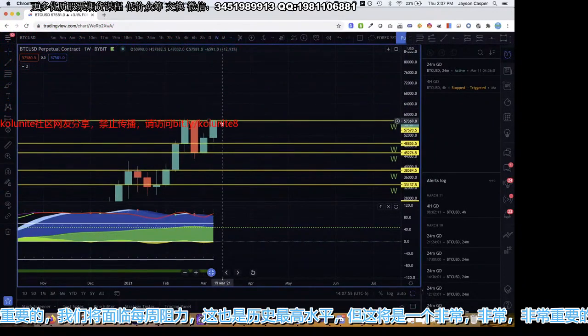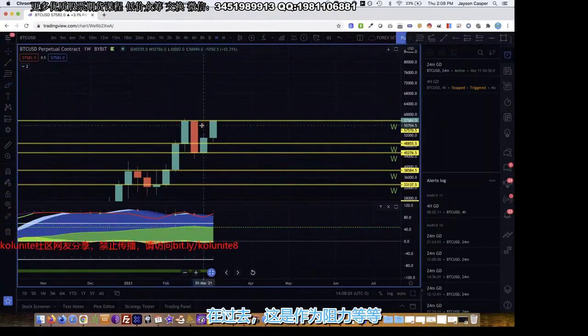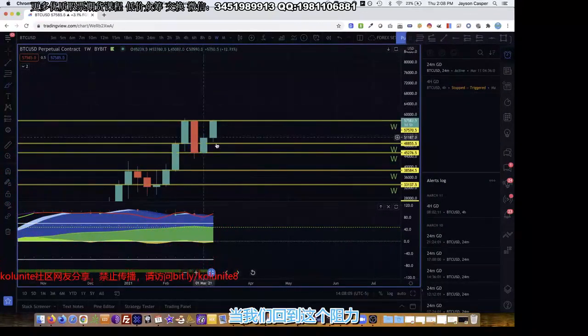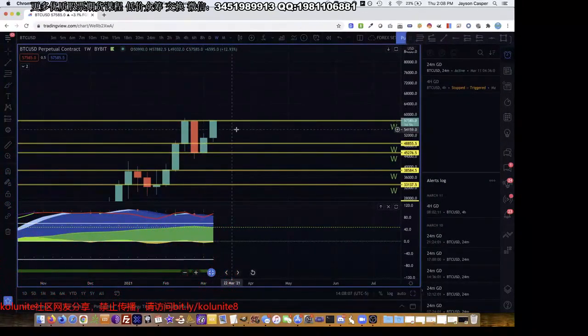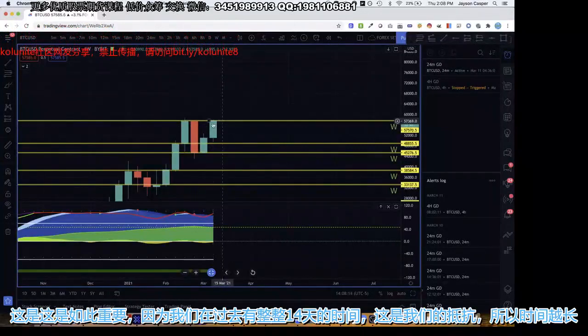This is going to be a very, very significant level, because for 2 weeks in the past, this was acting as resistance. When we come back up to it, it's so significant because we have 14 whole days in the past where this was our resistance.